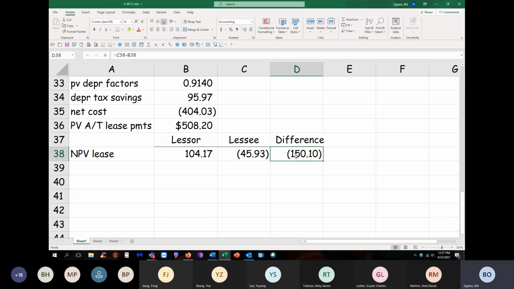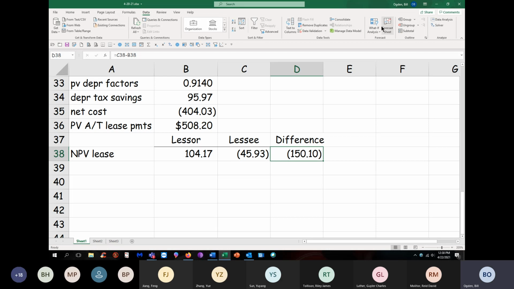This is just a matter of either using Solver or Goal Seek. We can find Goal Seek in the Data tab, over here in What If Analysis, and you just click on Goal Seek. What I did is I did What If Analysis, and then I right-clicked and selected Add to Quick Access Toolbar.